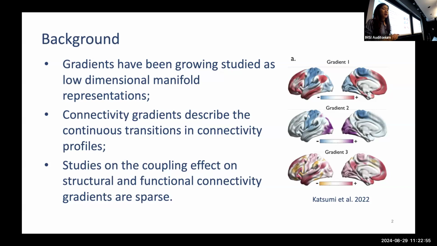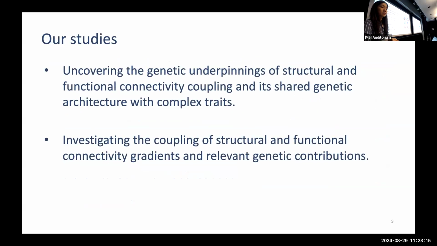It's a very interesting hierarchical spatial architecture. On the other hand, we haven't seen studies on the coupling effect of the structural and functional connectivity gradients, not to mention the genetic architecture for that.